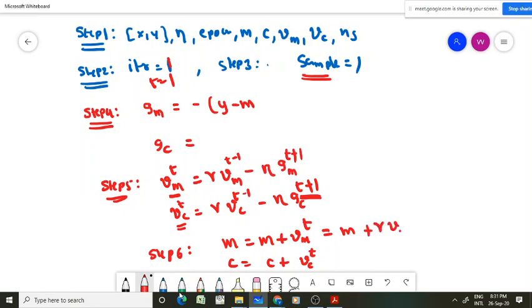Gamma into Vmt minus 1 minus eta into Gmt plus 1. That's equal to C plus gamma into Vmt minus 1 minus eta into Gmt plus 1. Right? So now these are the new, estimated M and C values.